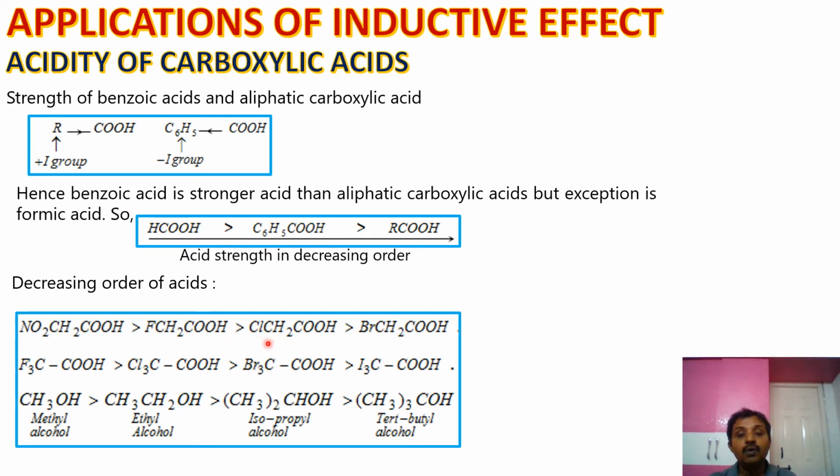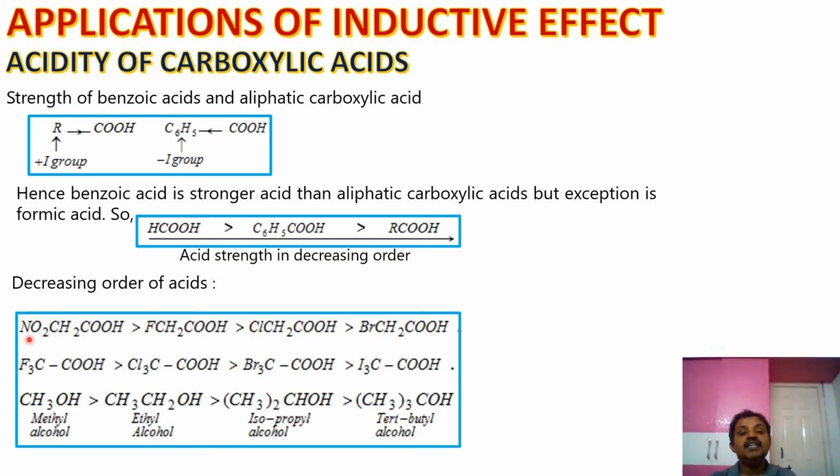Compared to chloroacetic acid, chlorine has lesser electronegativity and electron withdrawing tendency compared to fluorine. Bromine has lower electronegativity compared to chlorine.